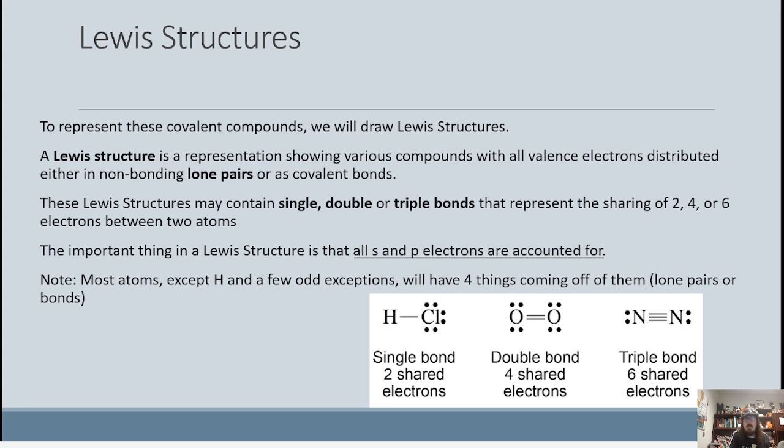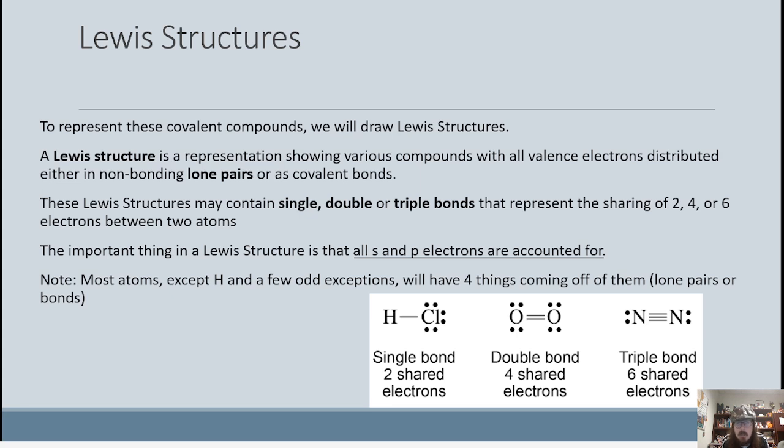And one thing to note is that for most atoms, except for hydrogen and a few odd exceptions, most atoms will have 4 things coming off of them. A lone pair counts as one thing. Every single bond counts as one thing. So, looking at these compounds, we have HCl, hydrogen chloride.